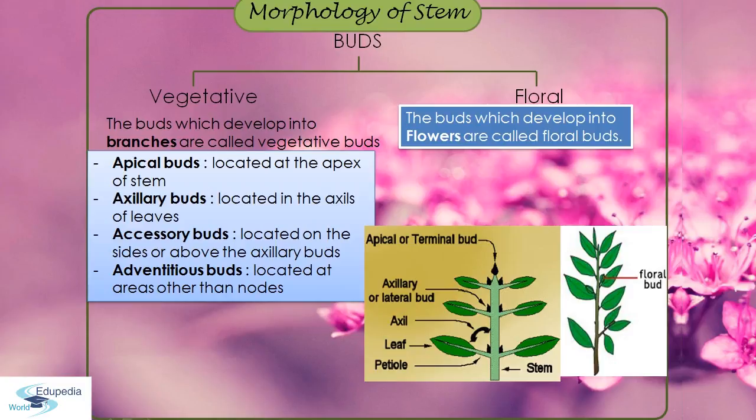And then comes last the adventitious bud, which is located at an area other than nodes. It may be found in leaves also. Wherever other than node, if it is located anywhere, then that bud is known as adventitious bud, students.